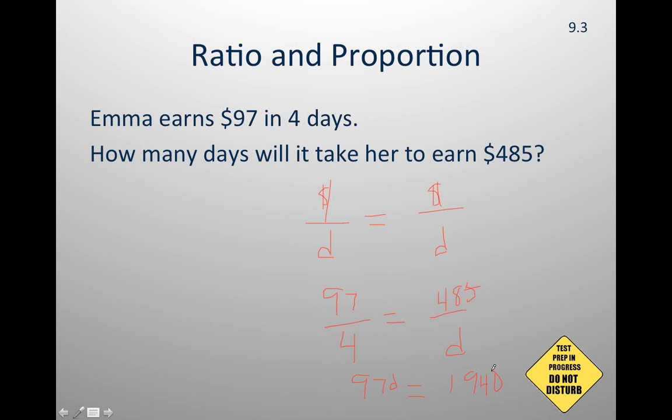Yep, so that works. So now we got to divide 97 for both sides. Okay, and then when we do that, D equals 20. Okay, so we use proportions to solve this problem. As long as you set it up right, you're going to be fine.